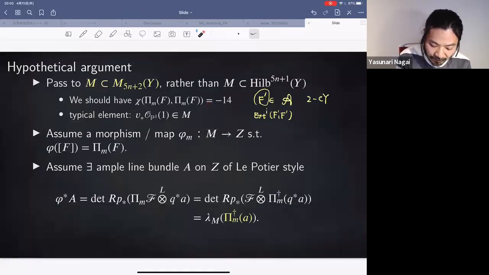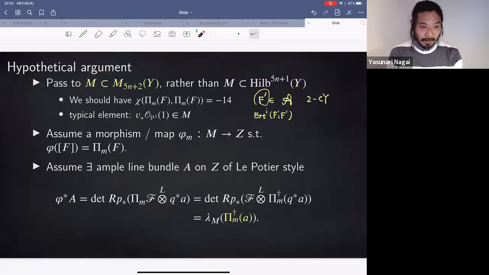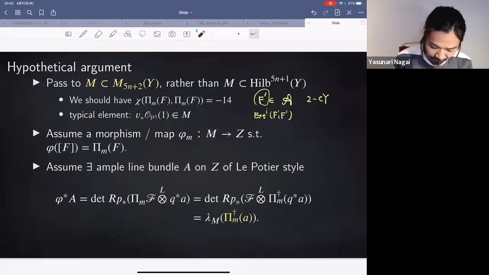And of course, in this moduli space of stable sheaves, the typical element is just the image of O_P^1(1) under the Veronese embedding. Okay, so from now on, we pass to stable sheaves, and we work on this moduli space. And as I said, we assume the existence of a morphism to another variety, perhaps a rational map, I don't know.